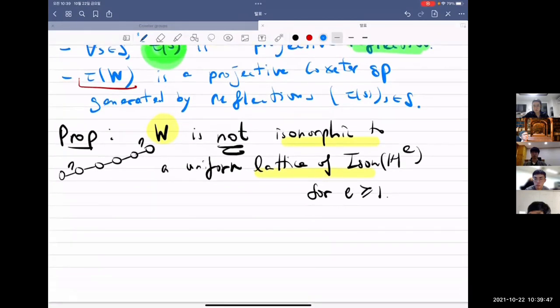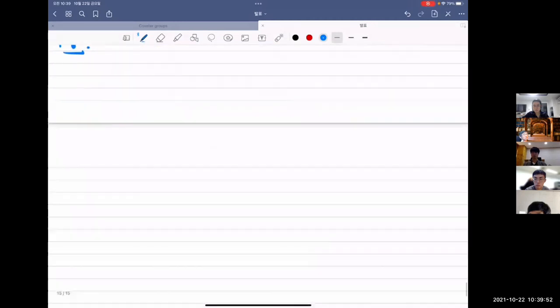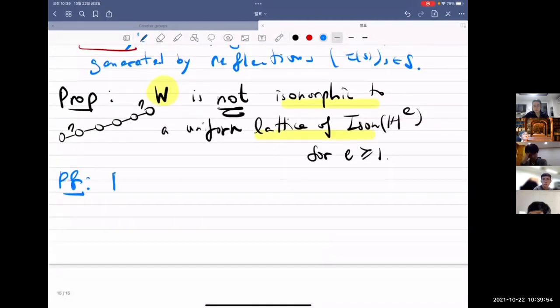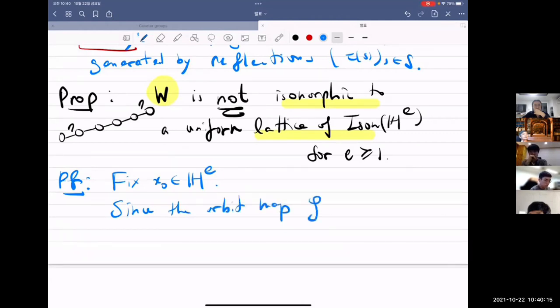Okay, so let's go to the proof. How can we show that? First, we fix a point x_0 in H^n, and then look at the orbit map I from W to H^n.